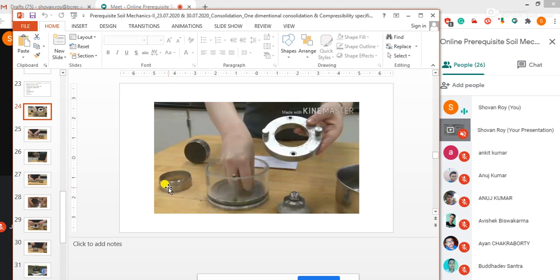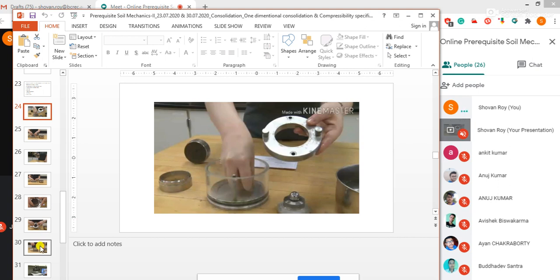Normally what we do is put one porous stone at the bottom of the specimen to allow water and air to be expelled. Also we put another porous stone on top of our specimen to allow air and water to be expelled in the presence of surrounding water.